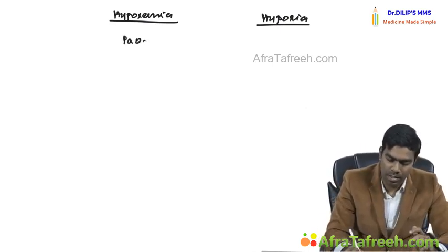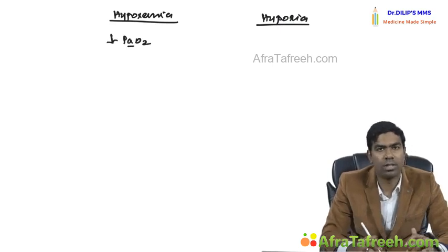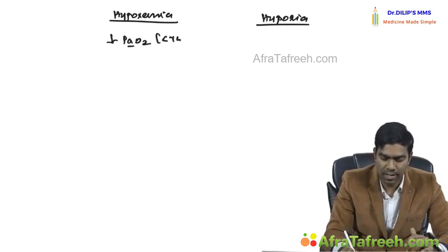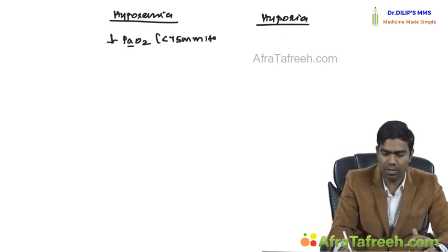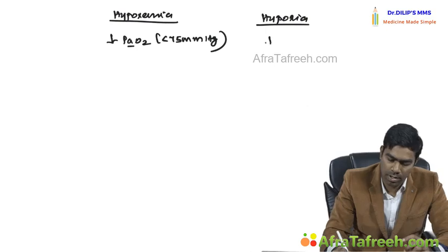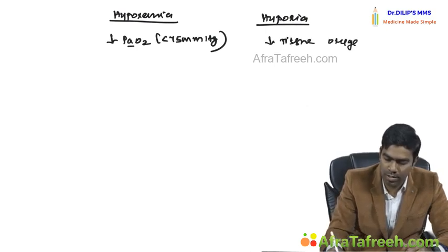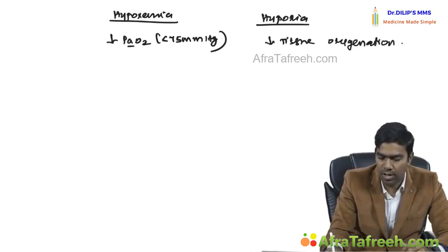If your partial pressure of arterial oxygen is low, typically anything less than 75 millimeters of mercury, we are going to call it hypoxemia. But hypoxia is something different. Anything that causes impaired tissue oxygenation, we are going to call hypoxia.